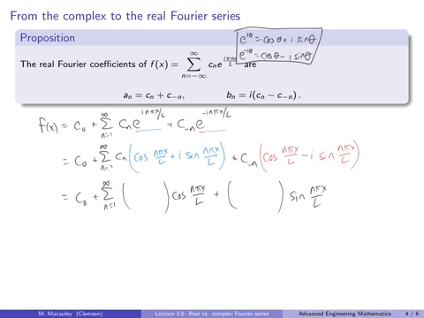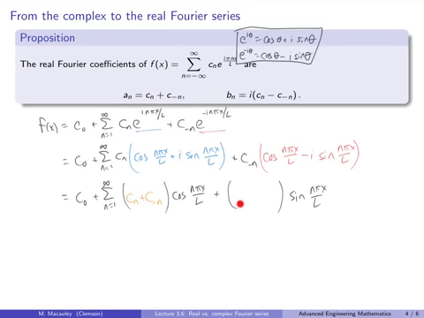I'm going to use different colors again. So what goes here? How many cosines? So we have a cn times a cosine, and we have a c negative n times a cosine. So we have cn plus c negative n. And notice that's exactly what that is right here.